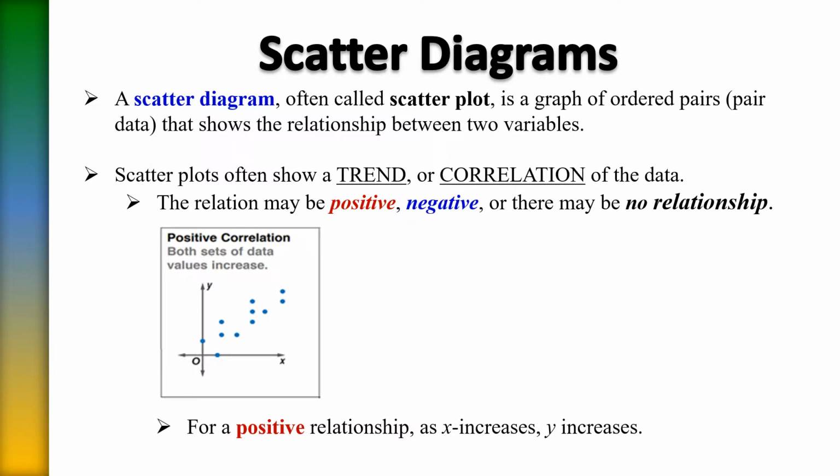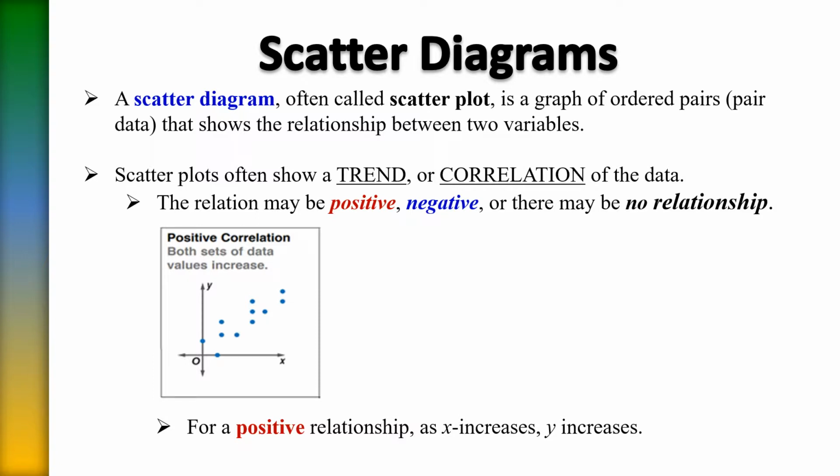So notice as you go along the x-axis, as x increases, what's happening to your up and down, your y? Notice it's going up. So as x increases, y also increases in a positive relationship or positive correlation.